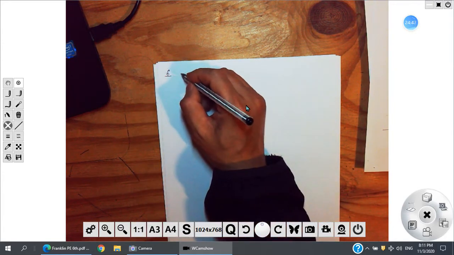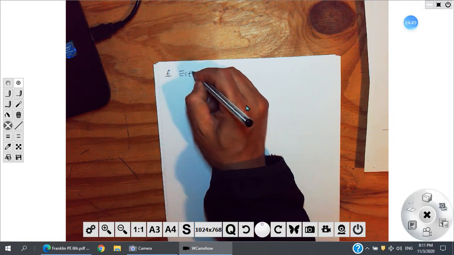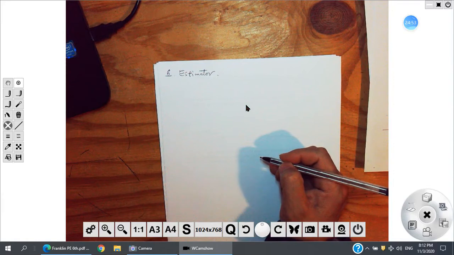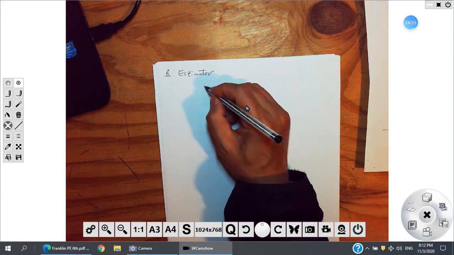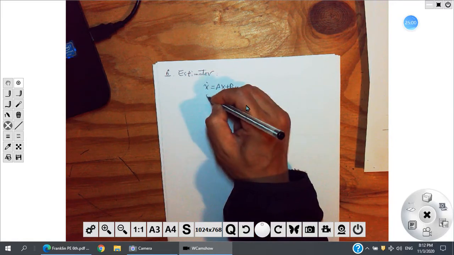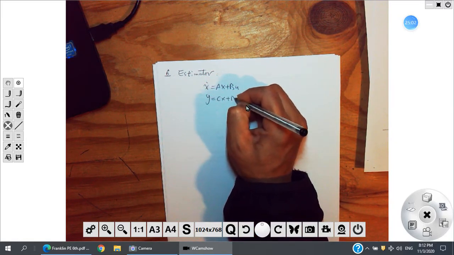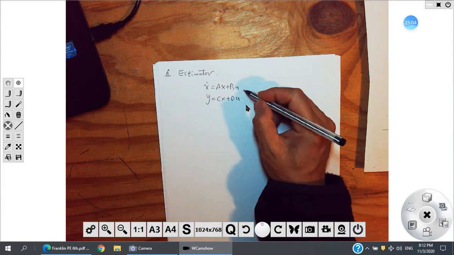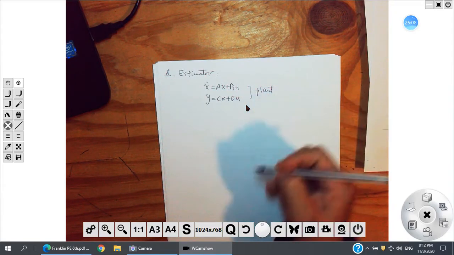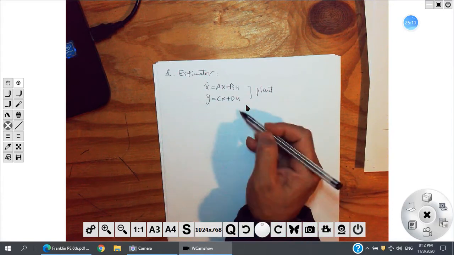This one will be the estimator. We have x dot equal to Ax plus Bu and y equal to Cx plus Du. This is a given system, right? This is the plant. Then we will build another system.